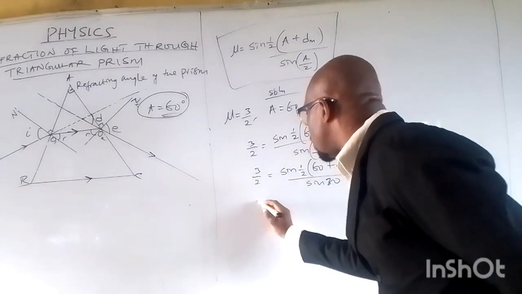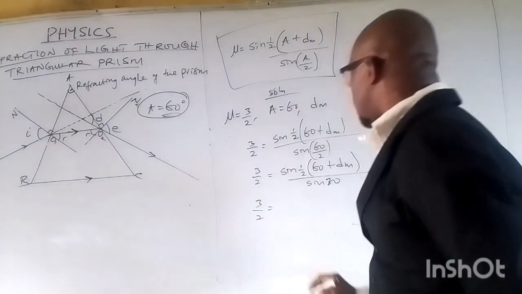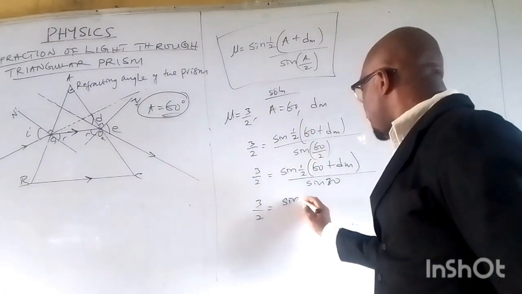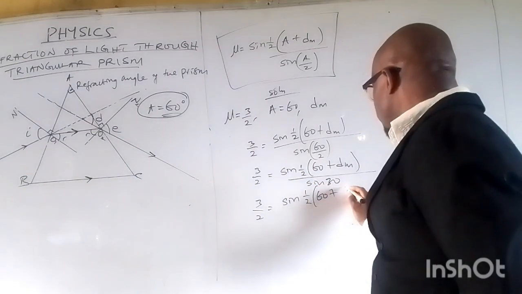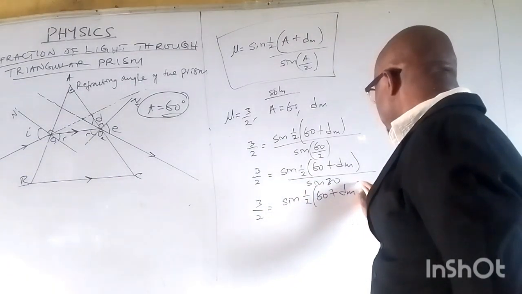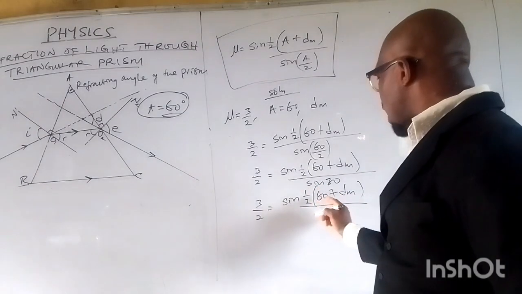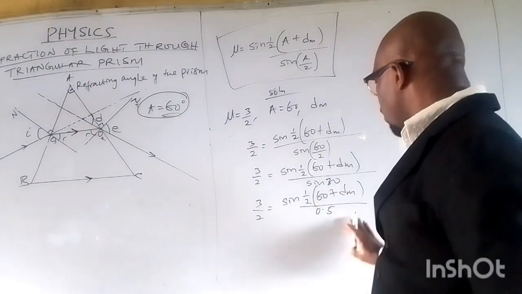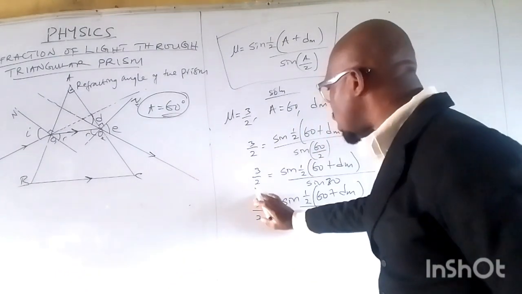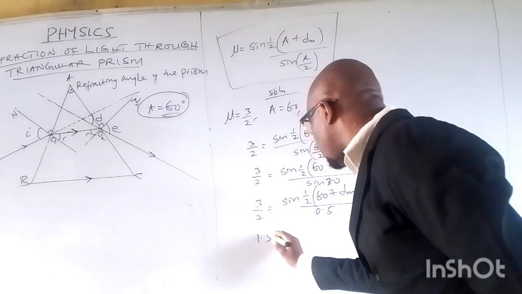We continue. Sine 30 is 0.5, and of course, 3 over 2 is 1.5.